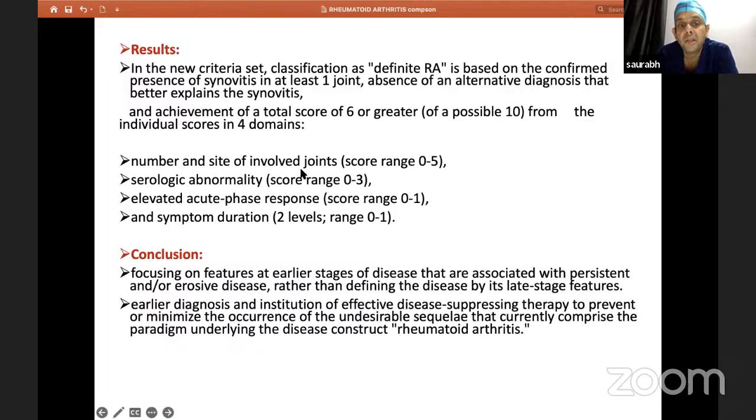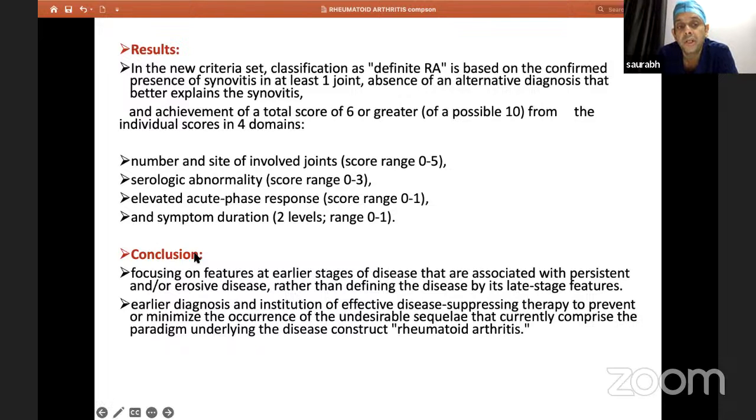They looked at the number and site of involved joints and gave a score. Then serology, with a 0 to 3 score. Elevated acute phase response, score 0 to 1. And symptom duration, again with a score of 0 to 1. If you add all these scores, it counts to 10, and 6 and above equals rheumatoid arthritis.